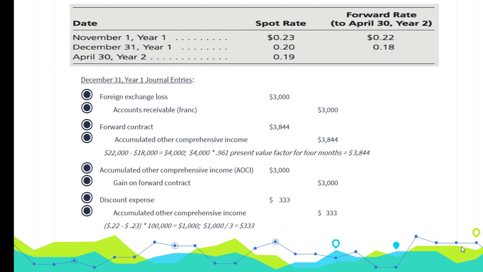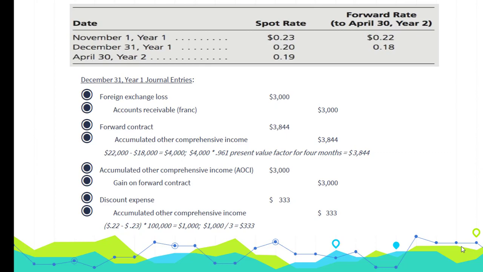So I mentioned earlier that the opportunity cost for Alexandria Company of entering the forward contract was $1,000. Well, now we have to make an adjusting entry to recognize the accrual of expense. And the accrual period is 2 months, which is 1/3 of the total 6-month period for which the forward contract is in force.